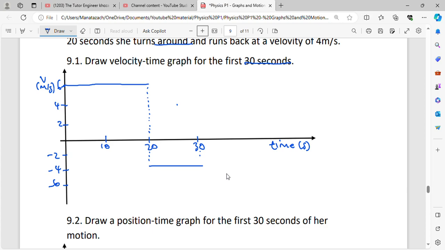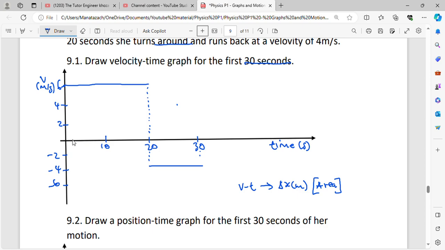9.2, draw a position time graph for the first 30 seconds for her motion. As we have discussed before, if you are given the velocity time graph and you are asked to calculate the displacement time graph, that means you need to work out the area under the velocity time graph.